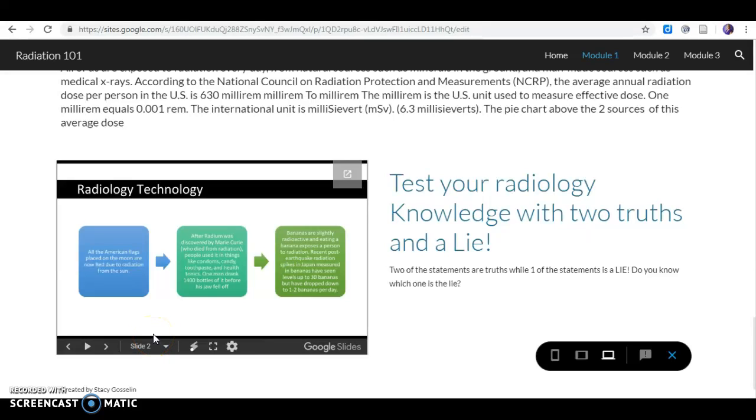One man drank 1,400 bottles of it before his jaw fell off. Then the third: bananas are slightly radioactive, and eating a banana exposes a person to radiation. Recent post-earthquake radiation spikes in Japan, measured in bananas, have seen levels of up to 30 bananas, but have dropped down to 1 to 2 bananas per day. Which of those 3 statements is false?